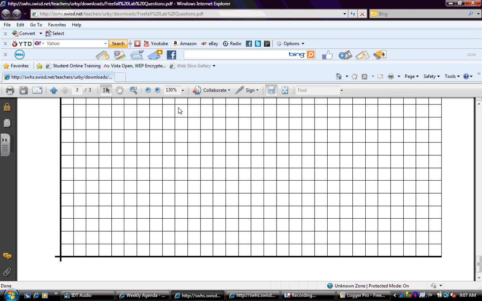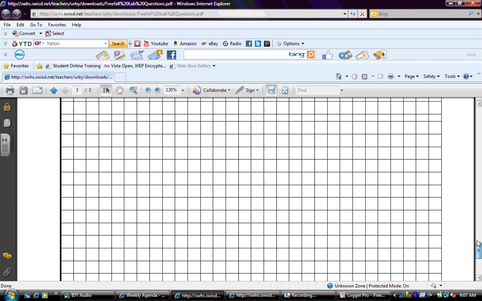Same things apply. I need to make sure that you have a title on this graph that includes both variables in it and a description of what was taking place for the data. You're also going to want to show, again, as much of this graph being used as possible. Shouldn't be too much free space, so select a range on your axis that includes as many of your data points as possible. Okay? So that's the first question.